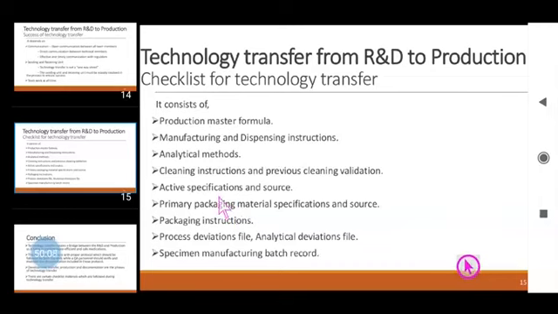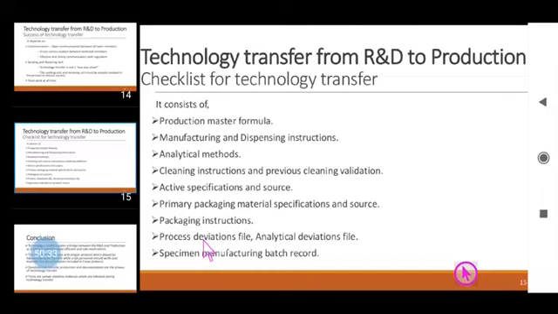The active ingredient which is going to be used in the product, its specifications and source must be well mentioned. It has to be specified. Then primary packaging material specifications and source, packaging instructions, process deviation file, analytical deviations file.